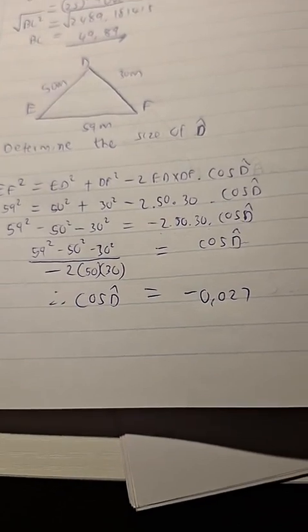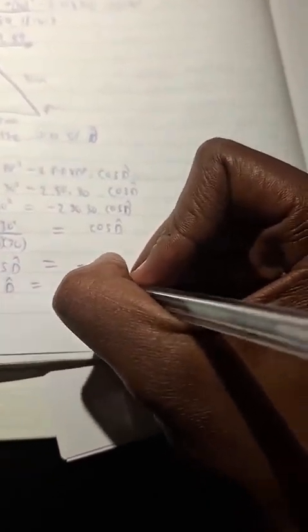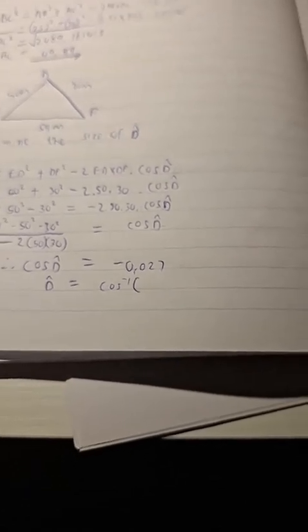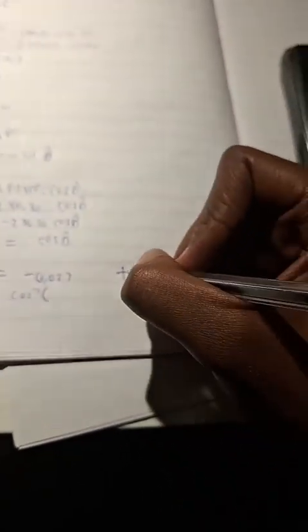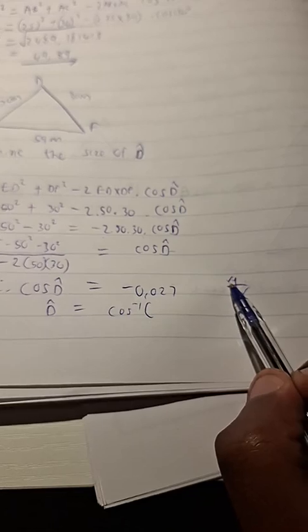And then after getting that, cos inverse. Now there are two important things here. Cos is negative in one of two quadrants, that one and that one.